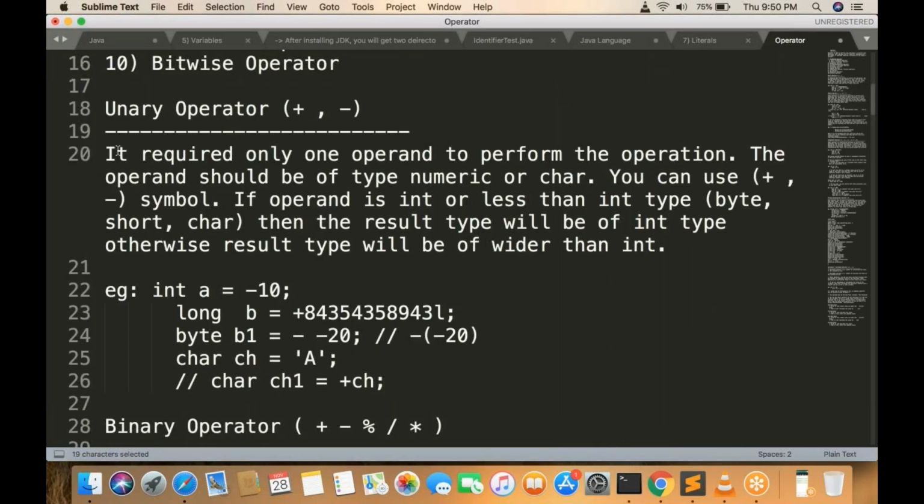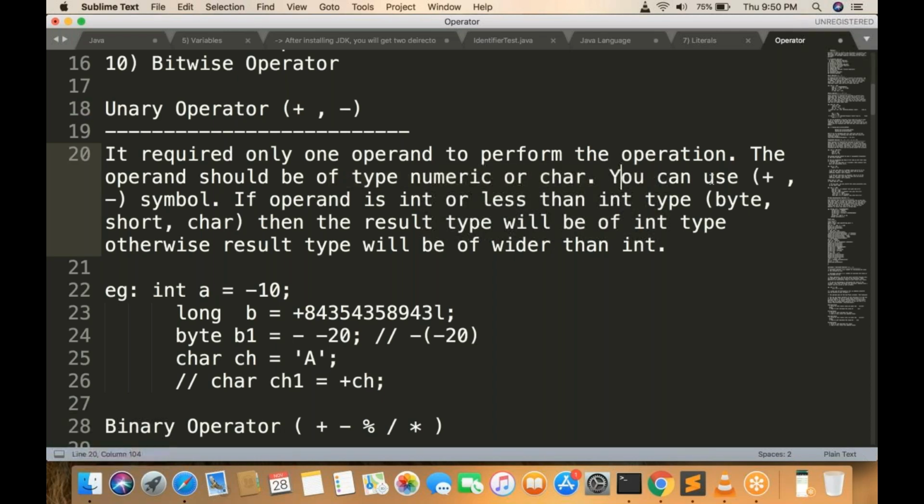See here. The unary operators are plus and minus. It requires only one operand to perform the operation. The operand should be of numeric or char type. Whatever operand you use with plus or minus, it should always be numeric or character type.